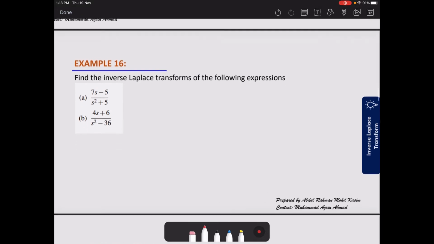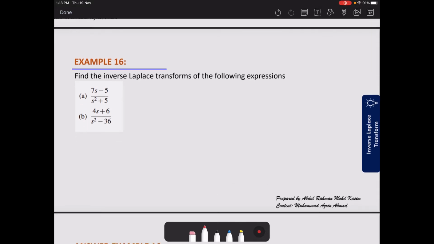Alright, so let's understand by the question. You have the question here: 7s minus 5 over s squared plus 5. So basically for A, you can separate it between the function 7s over s squared plus 5, and 5 over s squared plus 5.